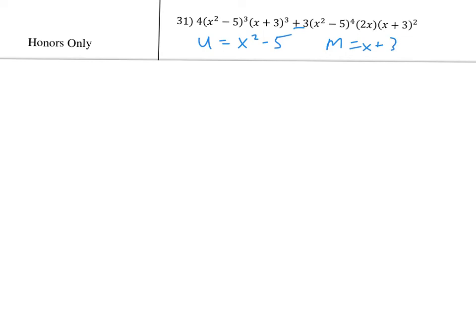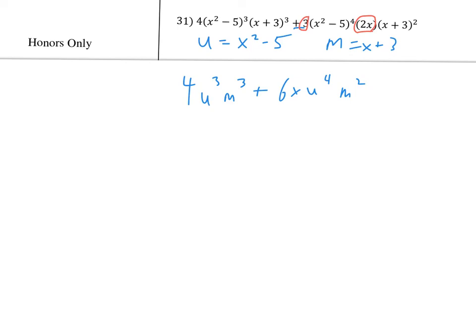So then I would rewrite this as 4 times u to the third, m to the third, plus, and then you'll notice I didn't make a u substitution for the 2x right here because it didn't have an exponent. And so I'm actually just going to multiply that 2x with the 3 out here. And so that's going to give me a 6x. And then I have u to the fourth, m squared.